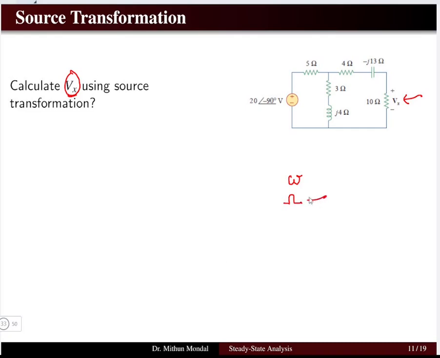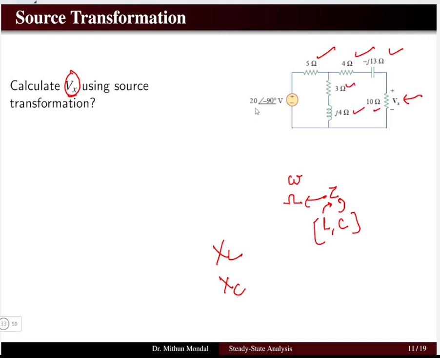So usually we are dealing with impedance. If you have an inductor or a capacitor in a network, you convert that inductance and capacitance into impedance using the concept of inductive reactance and capacitive reactance, XL and XC. All the units of the parameters have to be in ohms, then only we can move forward.